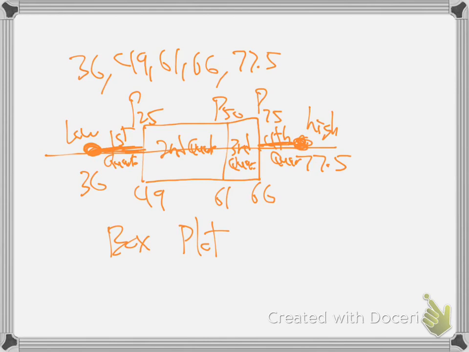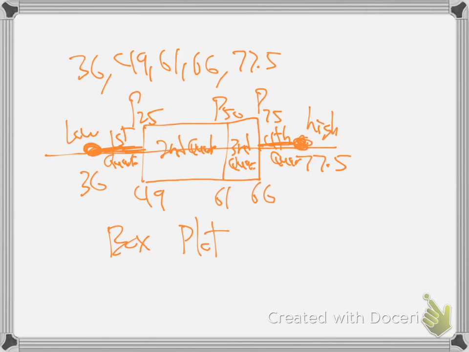They could give 5 numbers, and that would tell you a lot about 700,000 numbers, because it would break it into 4 even sections. You would know, the worst quarter of all the kids did between 36 and 49. The next quarter, 49 to 61. The third quarter, 61 to 66, and the highest quarter got between 66 and 75. You'd know something about how all those numbers are spaced out. So that's what it's useful for.